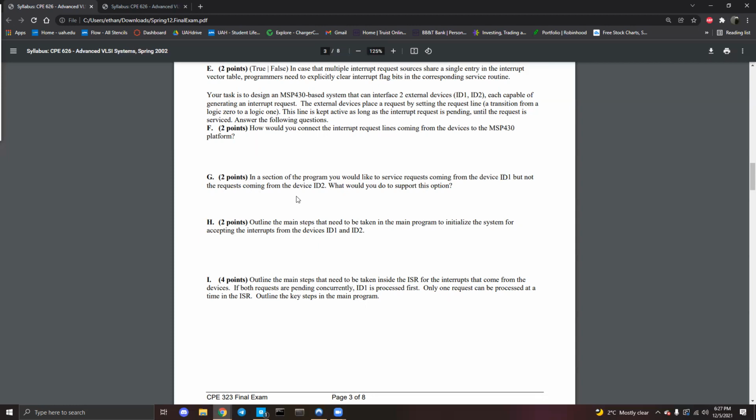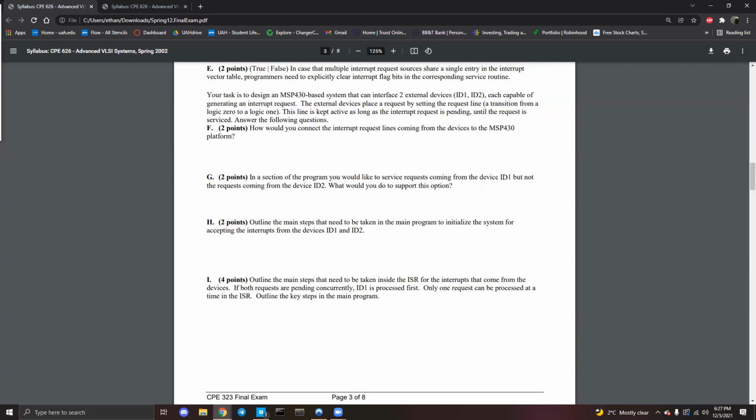We've done this exact thing when we're interfacing both switch 1 and switch 2 on port 1. They're both coming in on the same interrupt area, and we just have to figure out which one to handle. So you can just do a test for the flag of that interrupt.